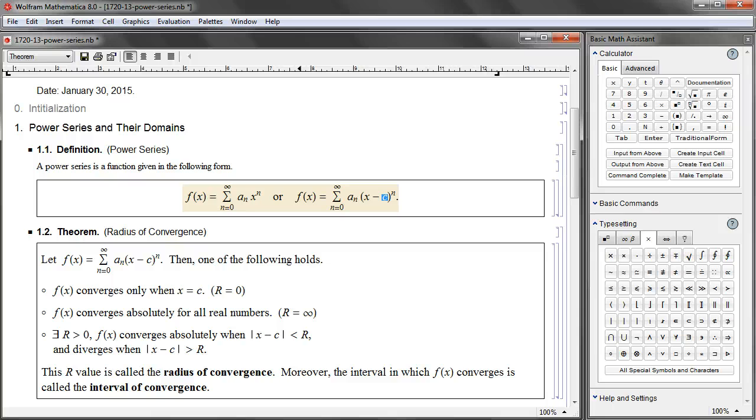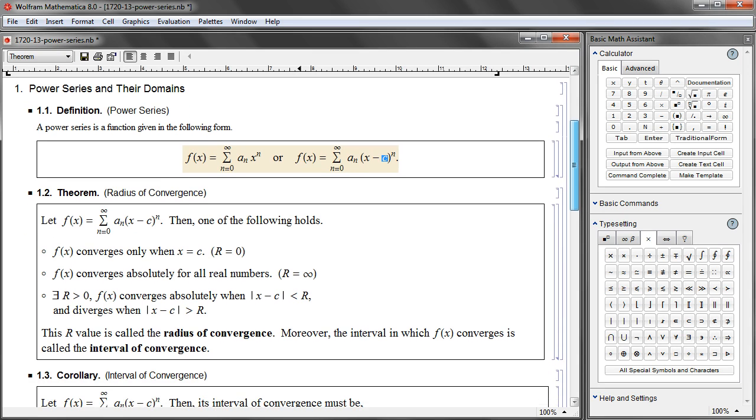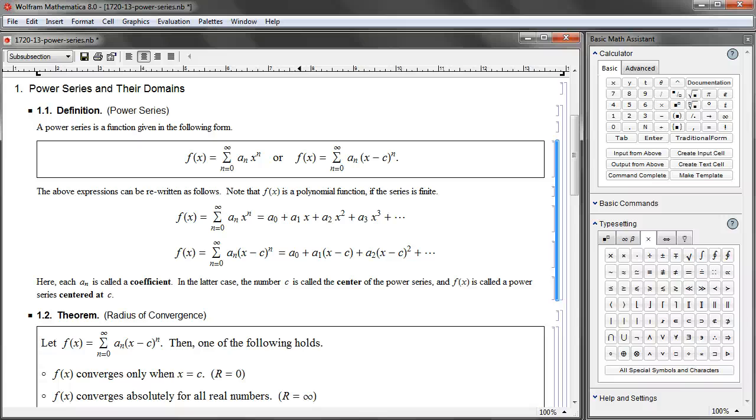The reason it is called the center is because the domain of the power series function will turn out to be an interval centered at c. And that interval is called the interval of convergence, and that's one of the three important topics of this section and the next. For now, let's come back to the definition and lingo.